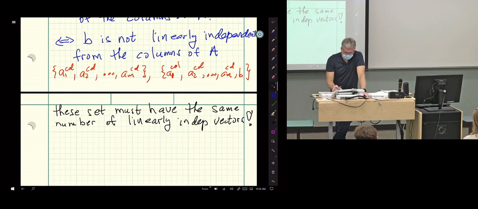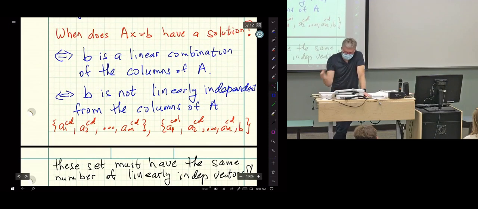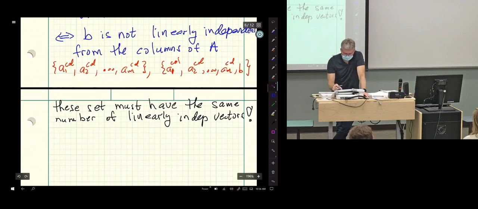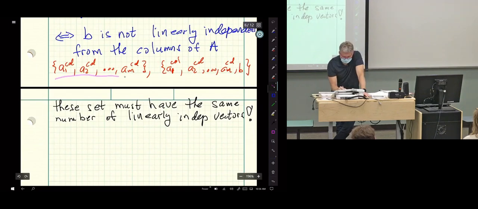So that's how I will check if B is a linear combination of the columns of A. I will count independent vectors here. If they're the same, then B is a linear combination of these. I got nothing new. If it increases by one, B is not a linear combination of these. I have a new independent vector and I have no solution to my equation.